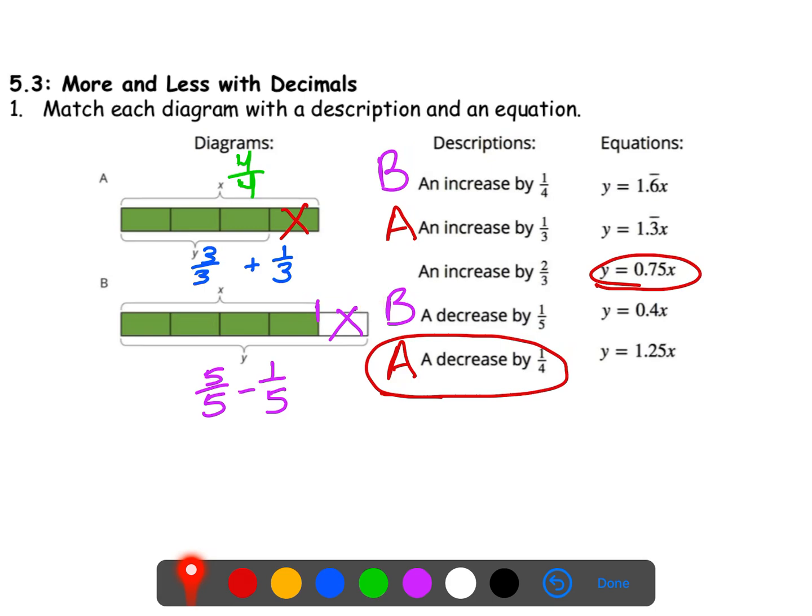So we're going to need a constant of proportionality here greater than 1. It's got to be one of these numbers larger than 1. And if we're going to increase it by 1/4, then we need 5/4 of x to equal what y is. 5/4 is also 1.25. So that would represent figure B.